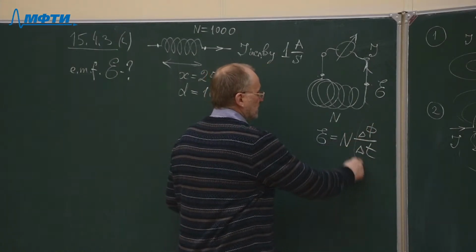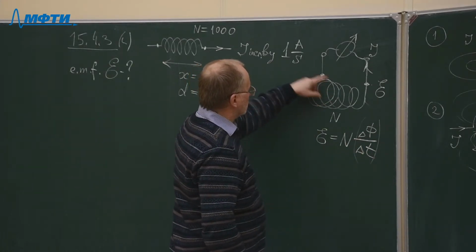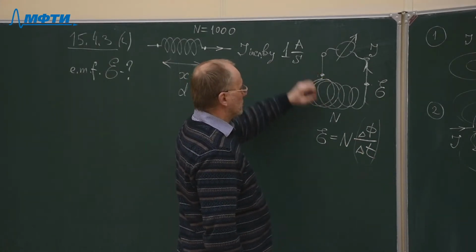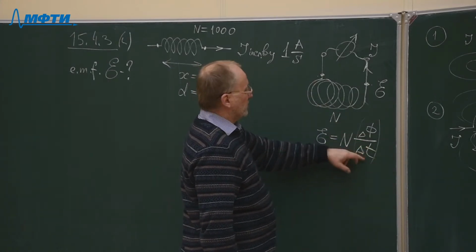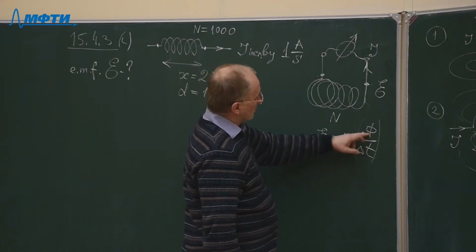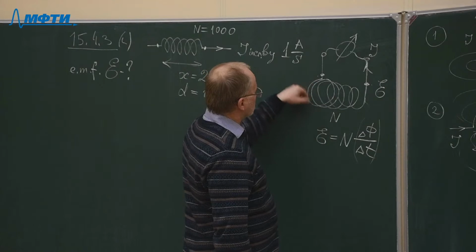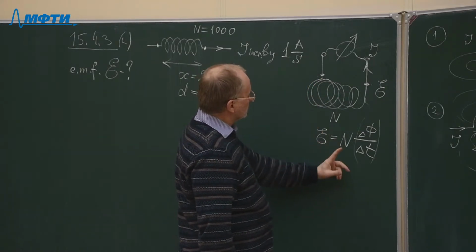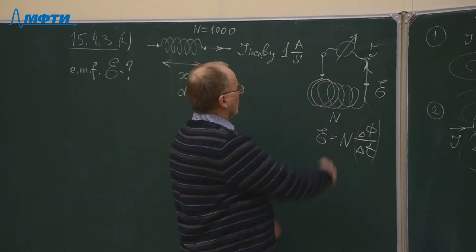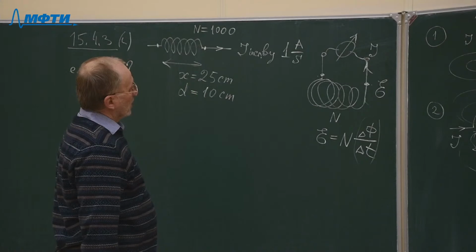So this is the flux through the single turn, the single current loop. And this is a Faraday law for electromagnetic induction in a single loop of the current, in a single turn of the wire. But if there are n turns in this wire, then the effect will be n times larger.